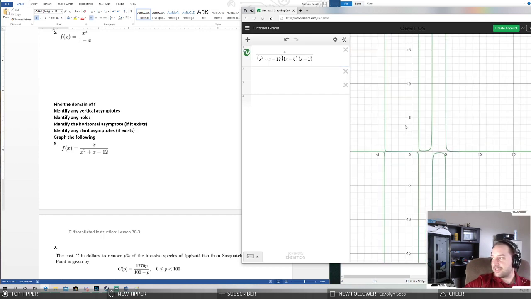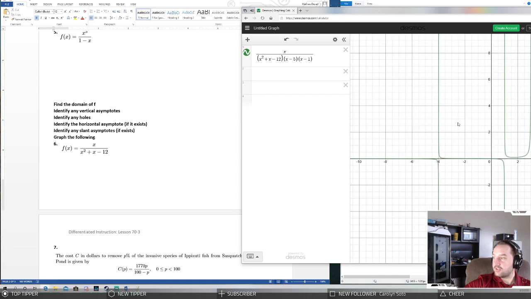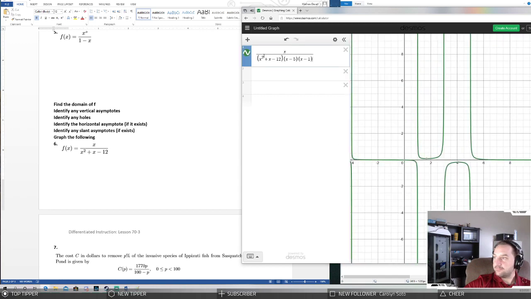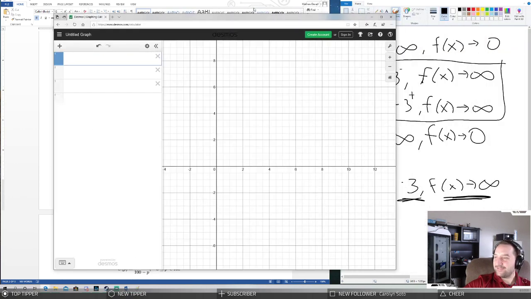Right? So the more stuff you have in the denominator, the more potential vertical asymptotes you're going to get. And so that's where it's basically the end behavior. You know, it's going in all sorts of directions here. That's funny.